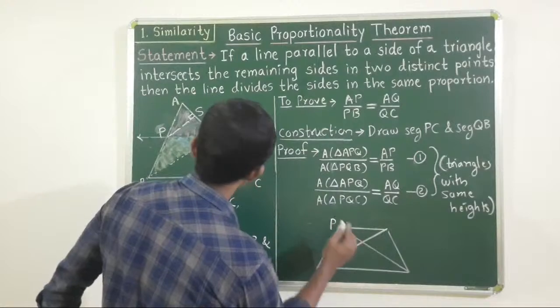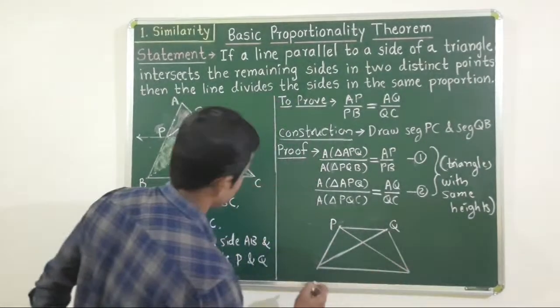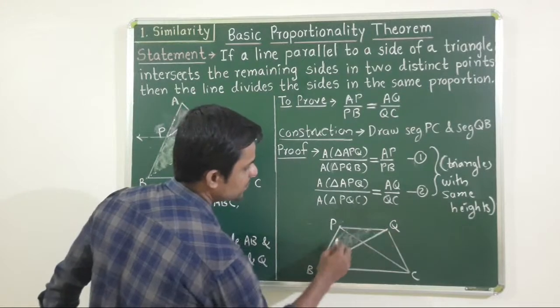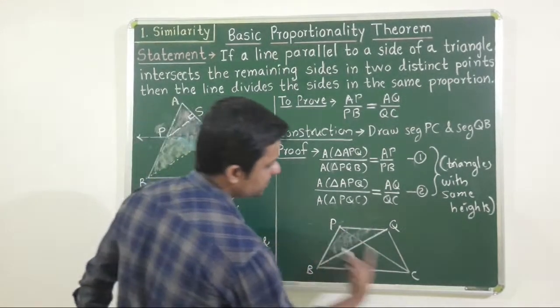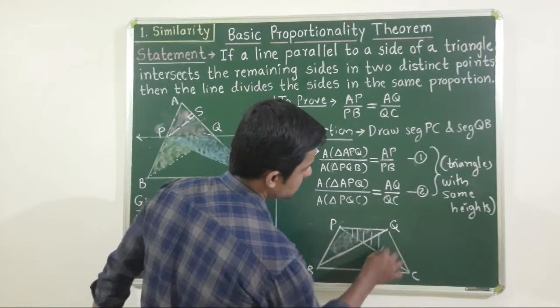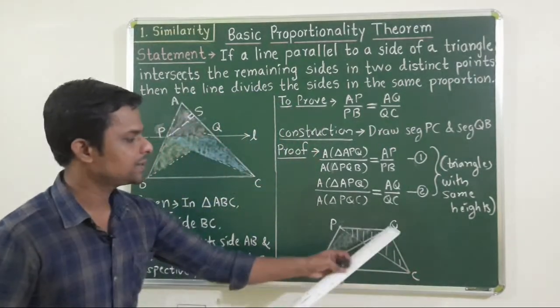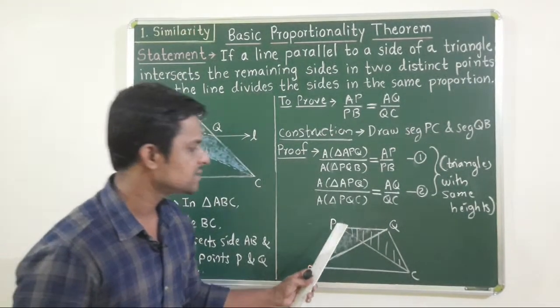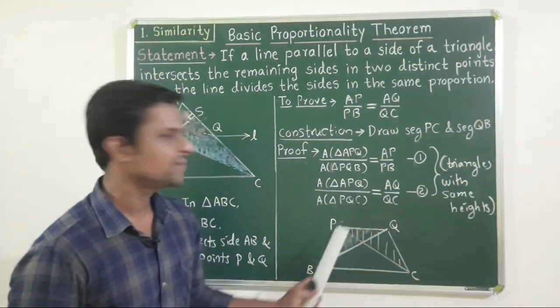Here is your point P, here is your point Q, B and C. Observe these two triangles, that is triangle PQB and triangle PQC.